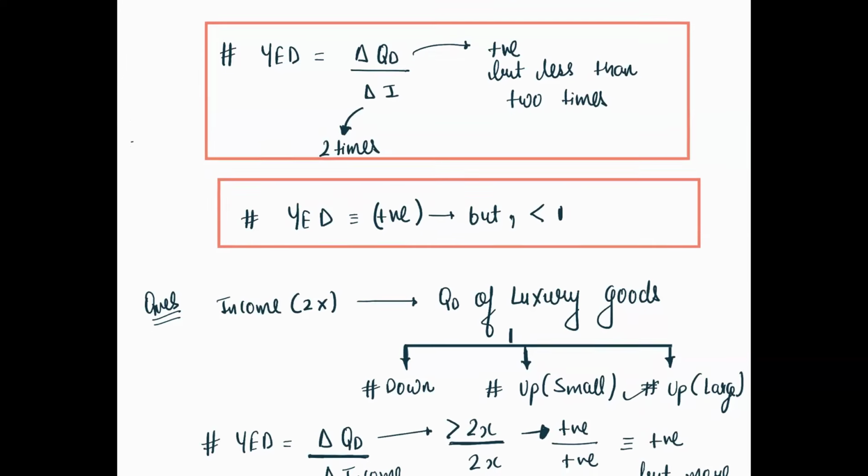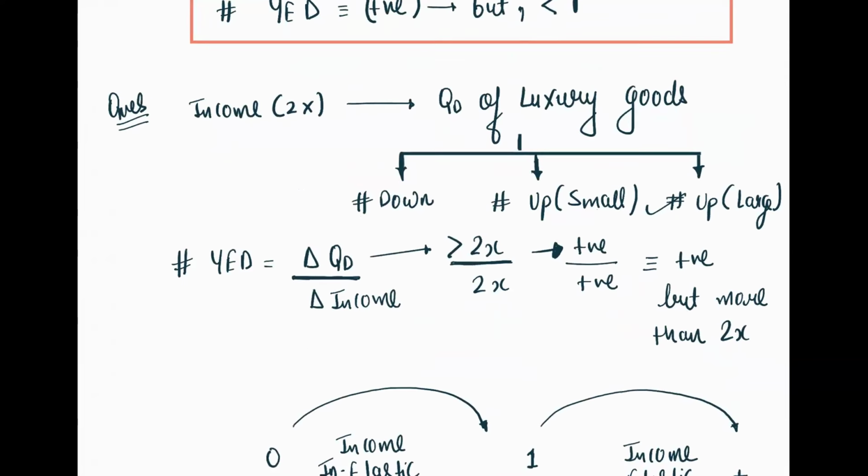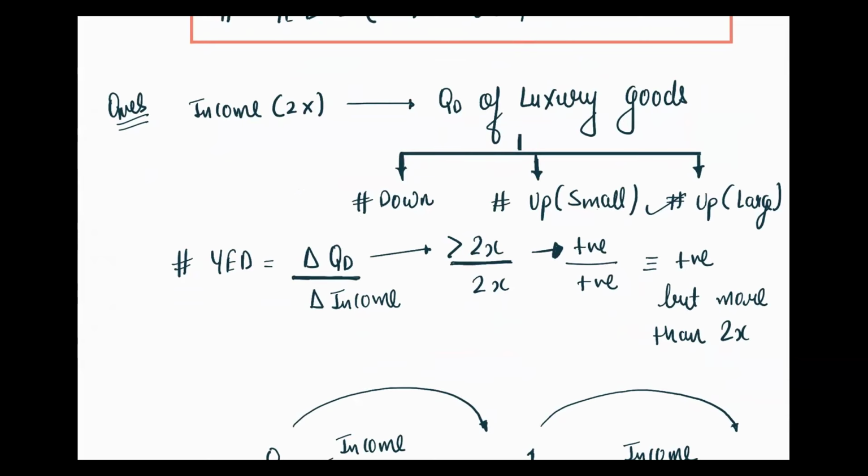But what happens when the income is twice and you are going for luxury goods? Obviously your quantity demanded for luxury goods will be positive but more than 2. It may be that when your income is increasing, for example with an iPhone, you demand more luxury items.